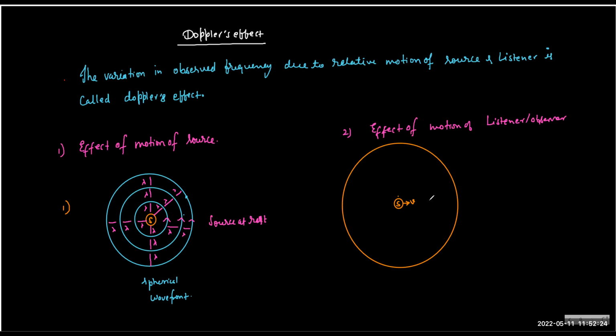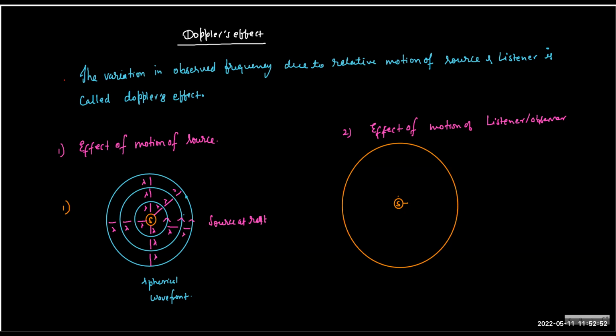By the time you emit the second wave, you are here, so the sound you emit will have a new center. The new center decides the new wavefront. Then after some time you are again moving forward, so the wavefronts are coming closer on the right side.